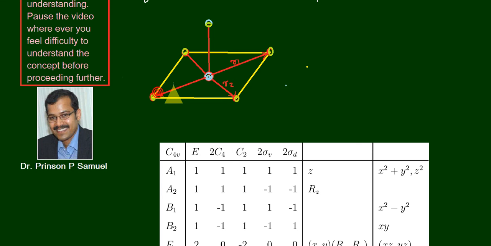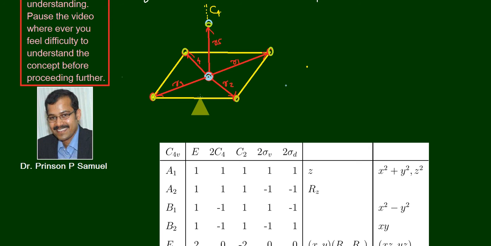This is another bond vector R3, and this is R4, and this is R5. Okay, so let me call these bond vectors by these names. And the C4 axis is the axis which is passing through R5. Okay, so this is the C4 axis. The axis passing through the R5 vector is the C4 axis.